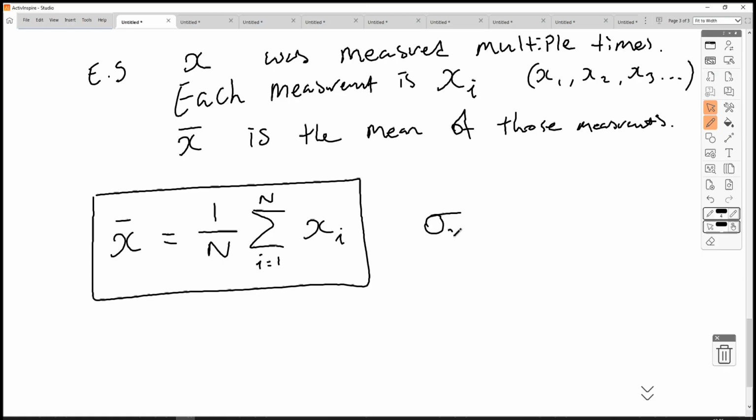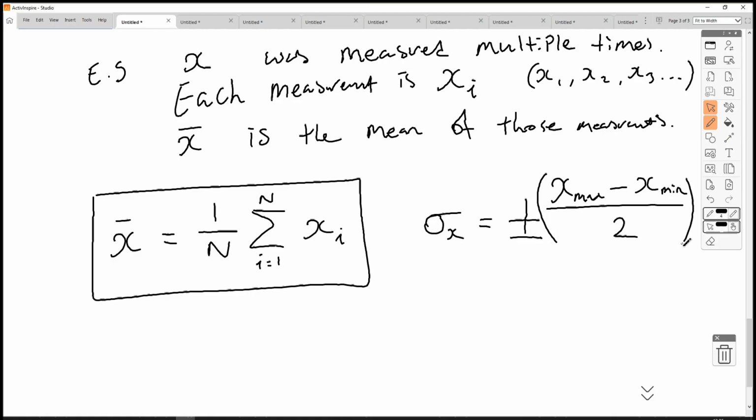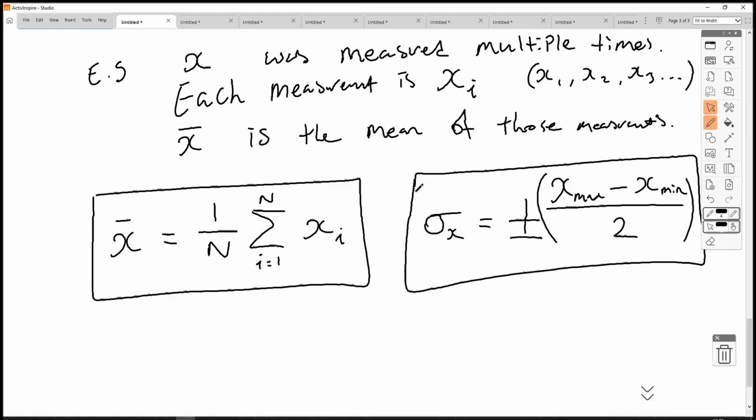So the uncertainty in x is equal to plus or minus the maximum value of x minus the minimum value of x, all over 2. Yep, it's the range divided by 2.